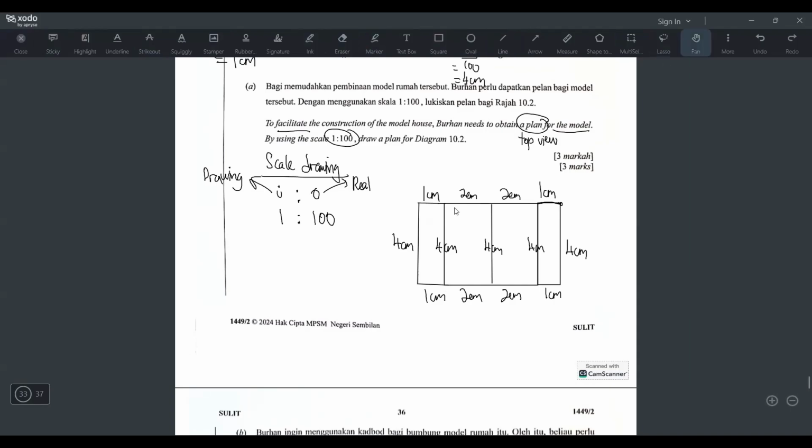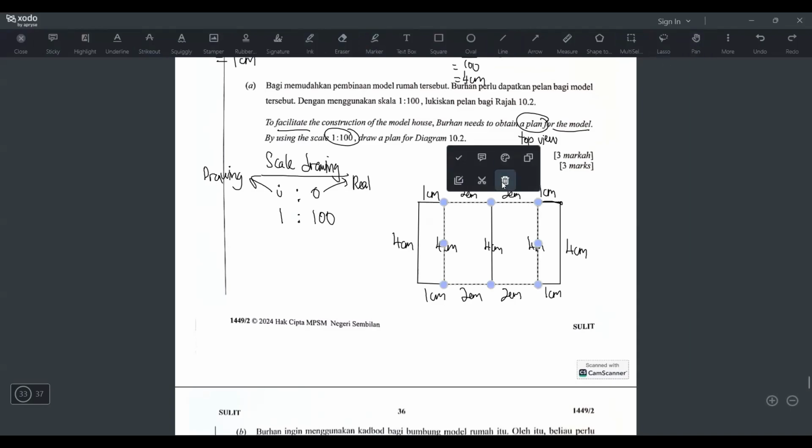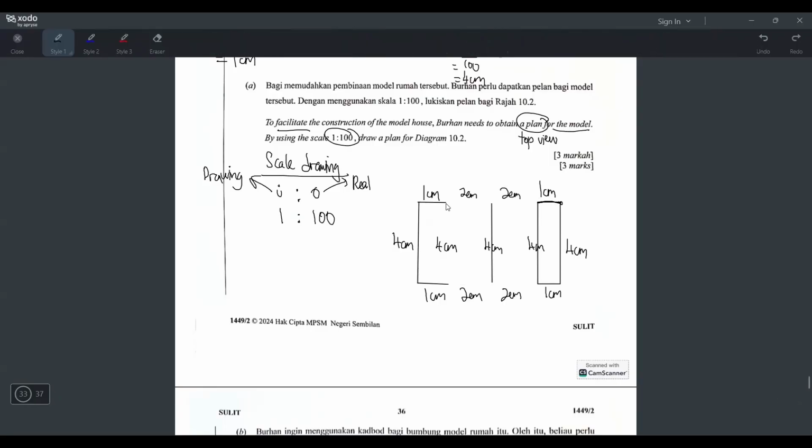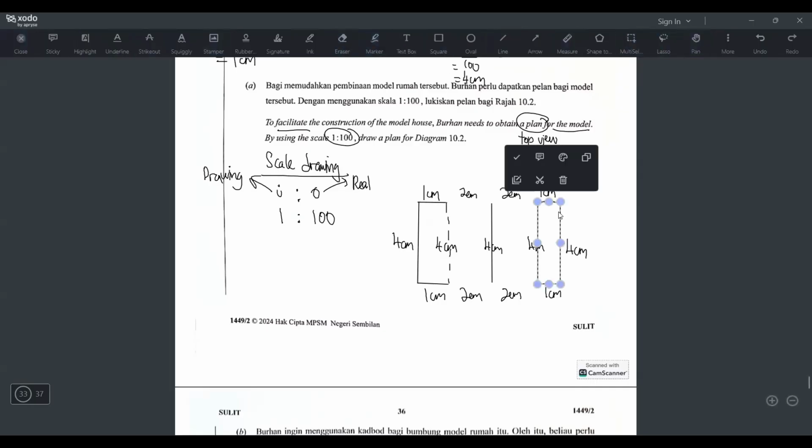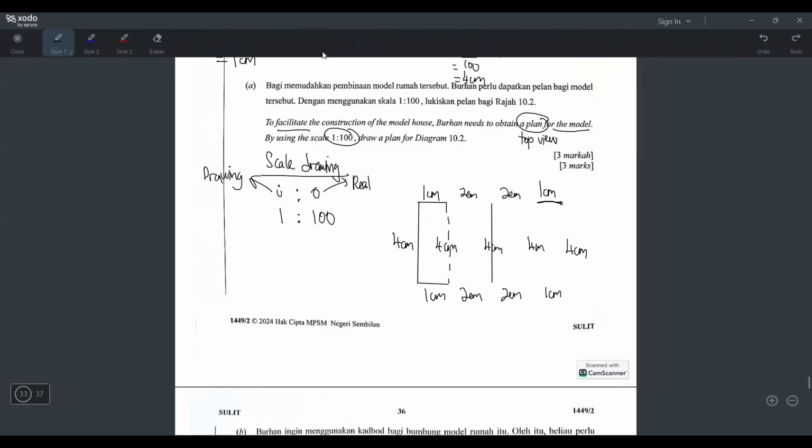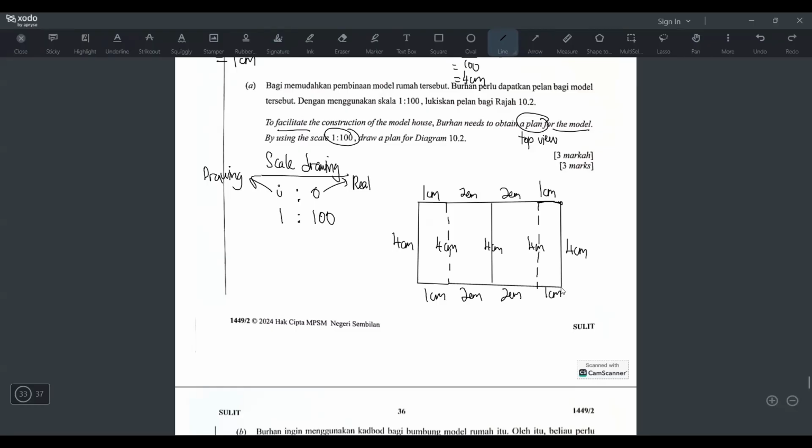And then for this, I will use dotted line. This thing also has to be erased. Where's my eraser? This one, erase. Okay, so this one I have to use dotted line, and the rest are all solid line. This one is solid line, this one is solid line, and this one is also solid line.